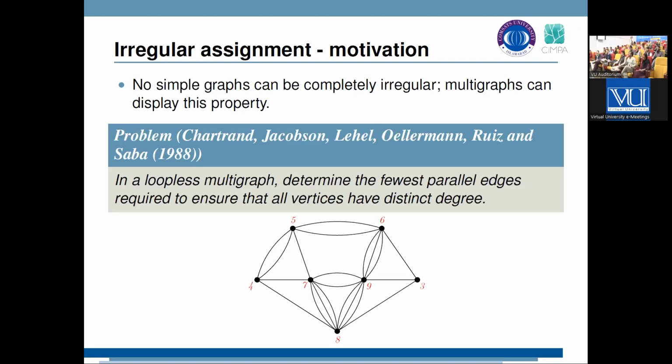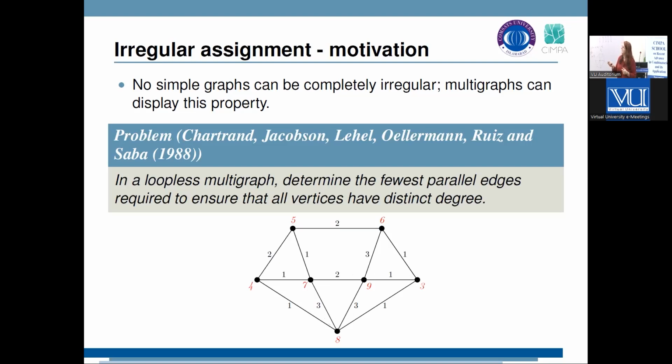And now, somehow we are lazy. We do not want to draw parallel edges. So what will we do? We will construct the corresponding labeled graph in the following way. Look, here, between these two vertices, in the multigraph, we have two parallel edges. So in the corresponding labeled graph, we will assign number 2 to this edge. Here, the edge between these two vertices has number 3.